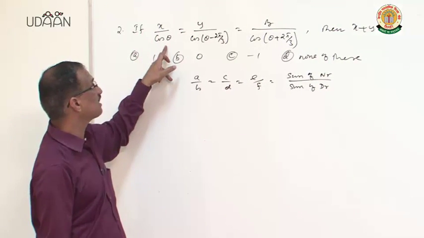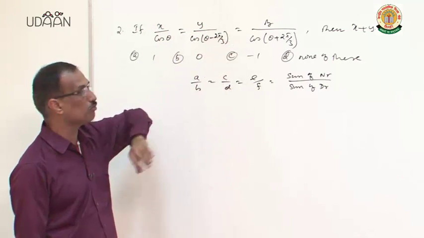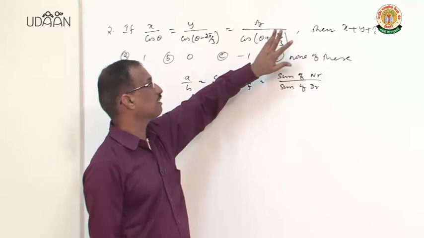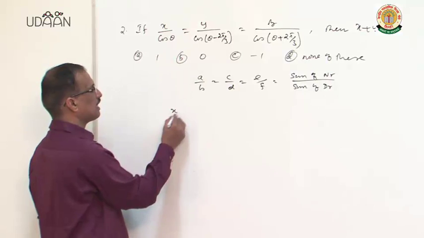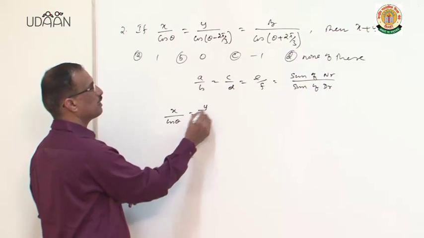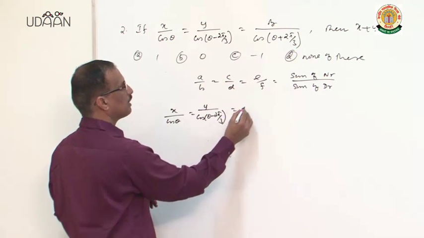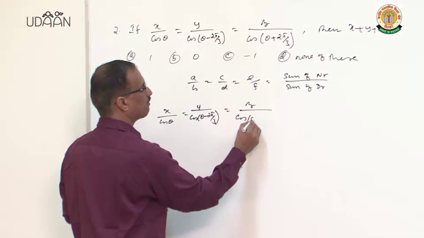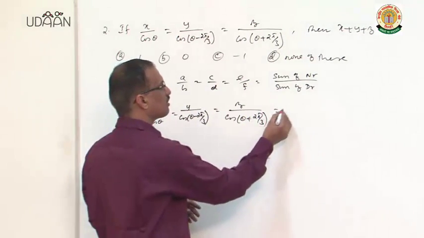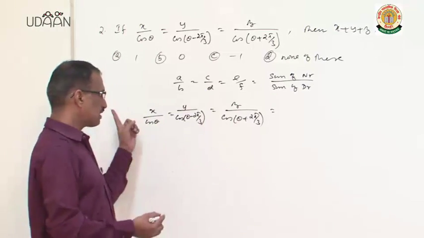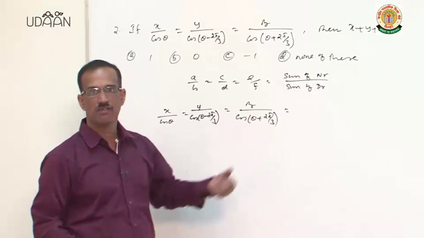Now, let us see here the 3 ratios: x by cos theta equals y by cos of theta minus 2 pi by 3 equals z by cos of theta plus 2 pi by 3 that we have. So, each ratio is equal to sum of the numerators, that is sum of the antecedents, by sum of the denominators, that is sum of the consequents.